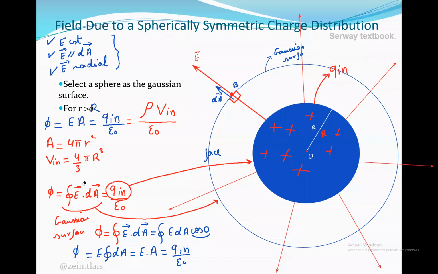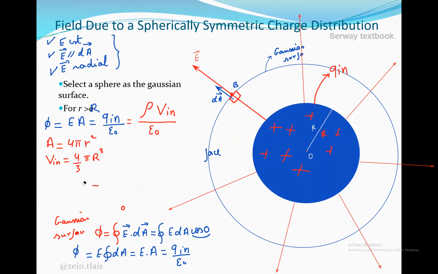We get E equals rho divided by epsilon 0, times Vn equals 4 over 3 pi R cubed, over A equals 4 pi r squared.